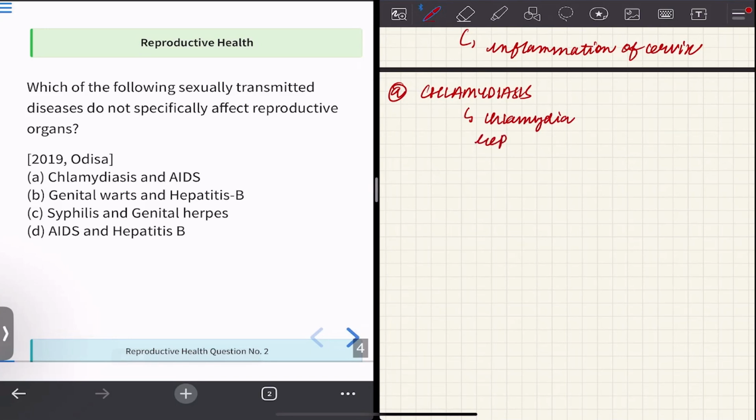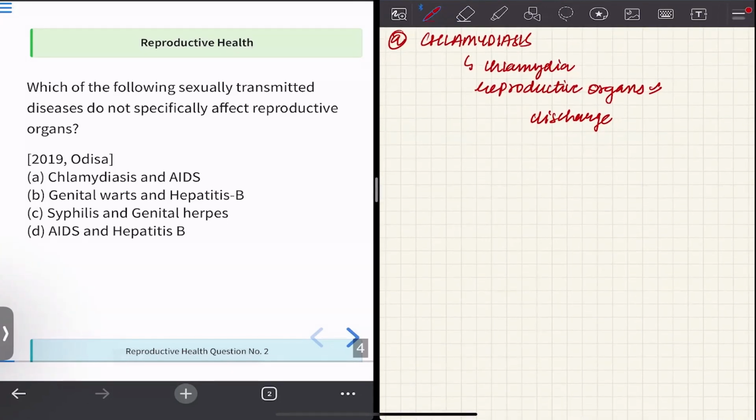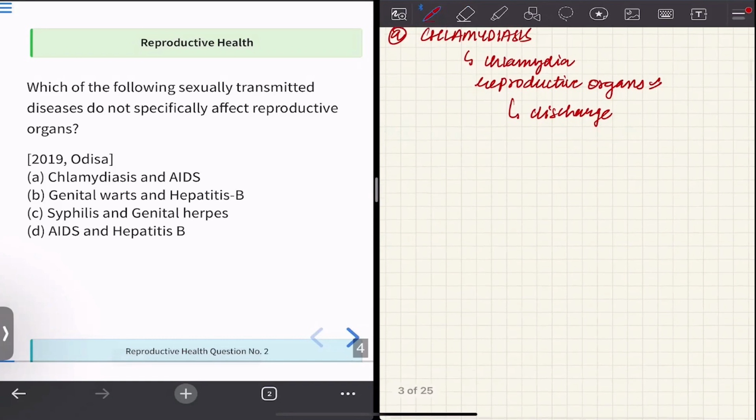So this particular infection affects reproductive organs. There can be discharge coming out, and there can be formation of small ulcers or papules. So chlamydiasis affects the genital organs.